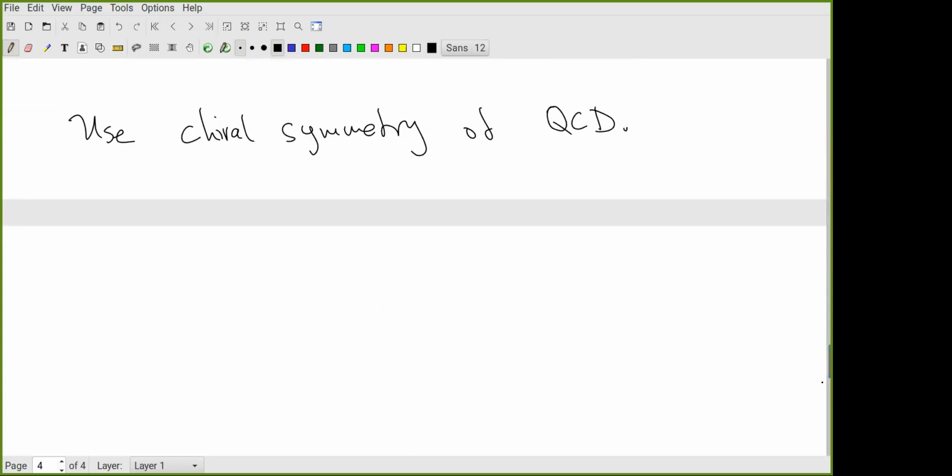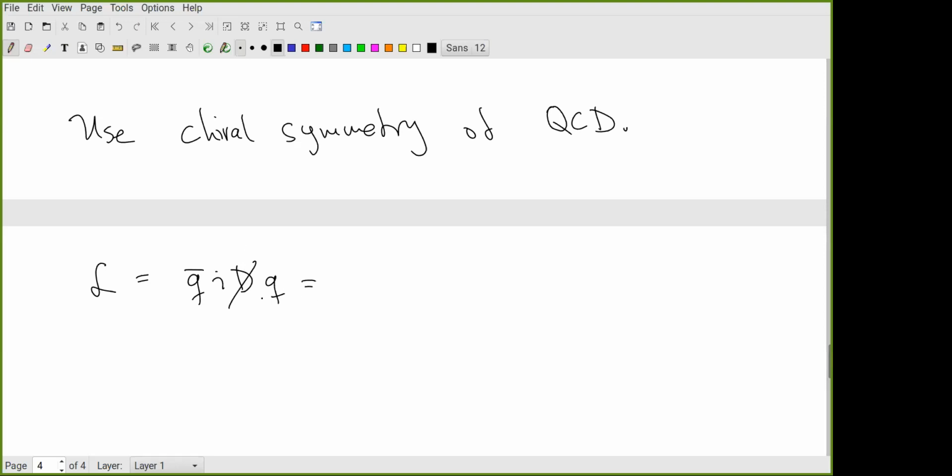Maybe some of you have heard this before. Let's start with the QCD Lagrangian and look at the terms with the quark fields. It looks like this: q bar i D slash q, where D slash is the covariant derivative of QCD. So it has the kinetic term and the gluon interaction with quarks.